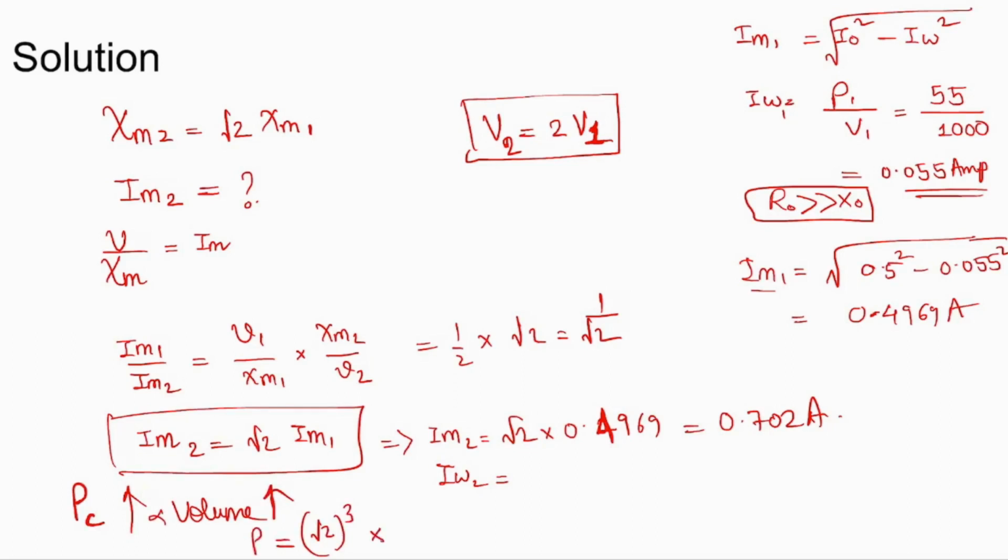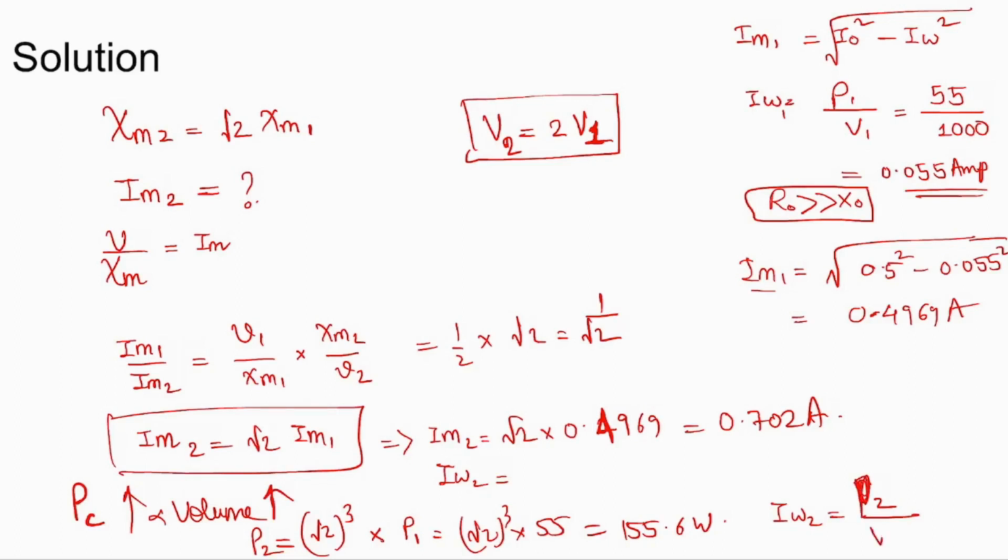So P also equal to root 2 cube into the initial power. So P2 equal to root 2 cube P1, which is equal to root 2 cube into 55. So it is coming out around 155.6 watt.